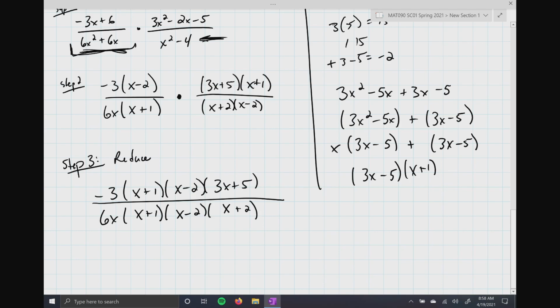Can anybody tell me what I did there? Just lined them all up. Why did I do that? To make it easier. And what math property allows me to do that?